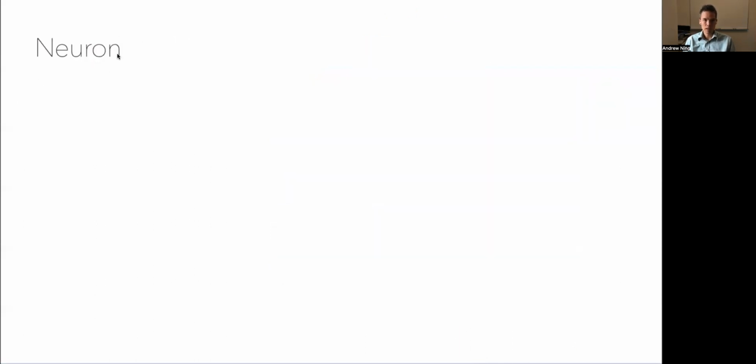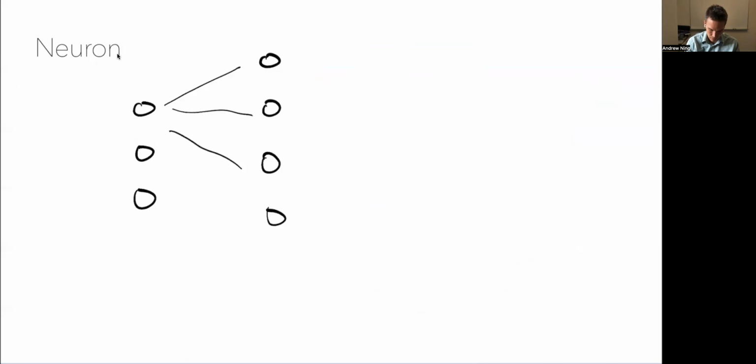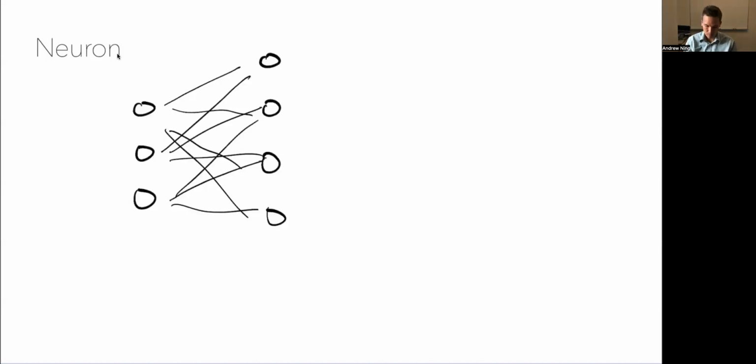Okay, so let's look at what's going to happen inside a neuron or a layer. Basically, we'll skip to a layer. So imagine I've got, we'll keep it small, one layer that's got 3 neurons, and the next layer has 4 neurons. And those are connected as follows. I'm just going to draw a few of them, and now we're going to describe what that connection actually looks like.